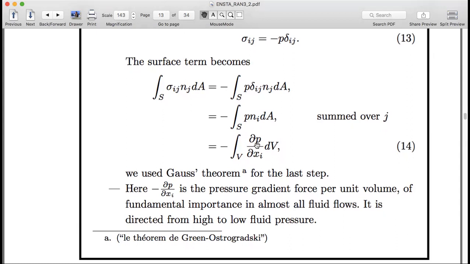I'd like to just make a comment on the quantity in the integrand here in this equation 14. We passed from a surface integral to a volume integral, which is quite remarkable, right? But we changed the integrand from the pressure to the derivative of the pressure. In which direction?